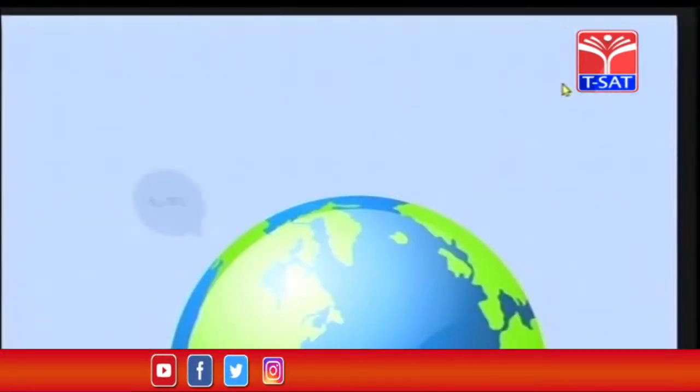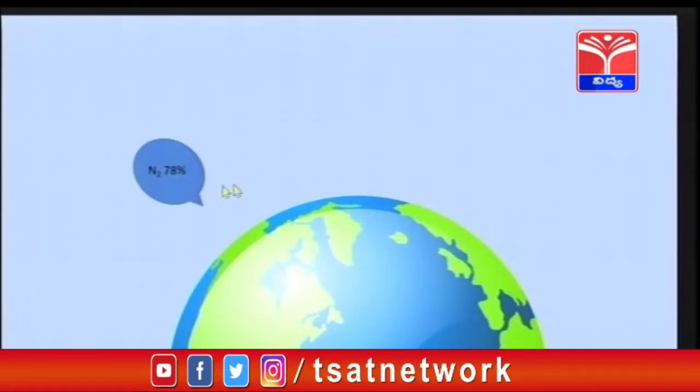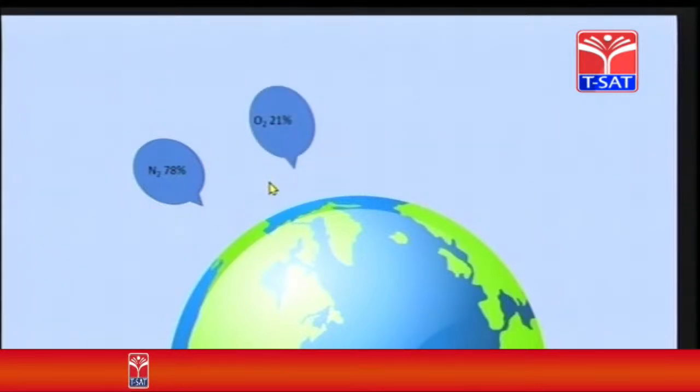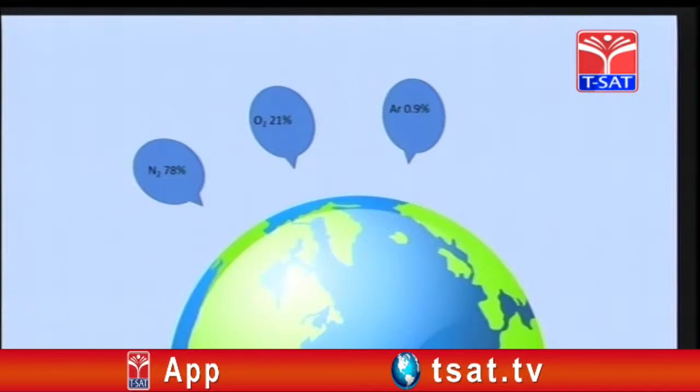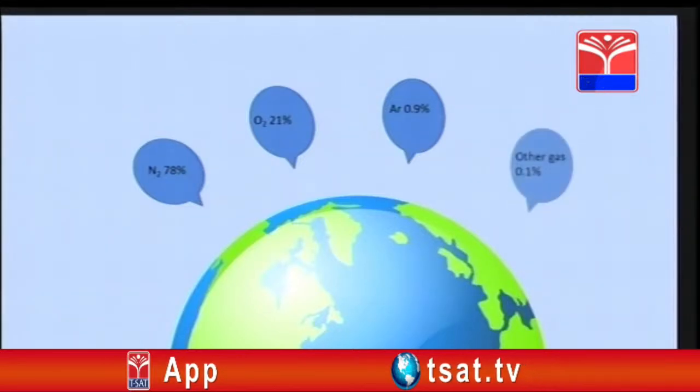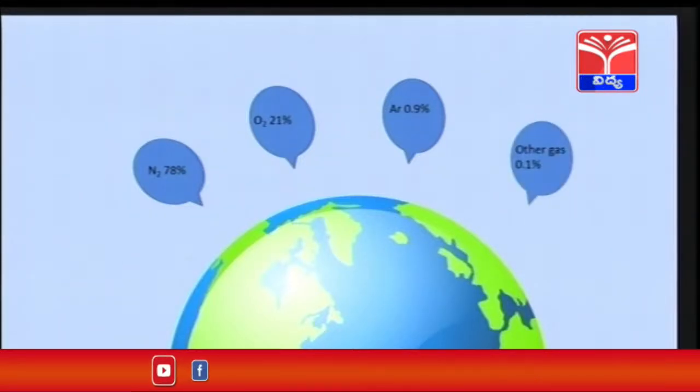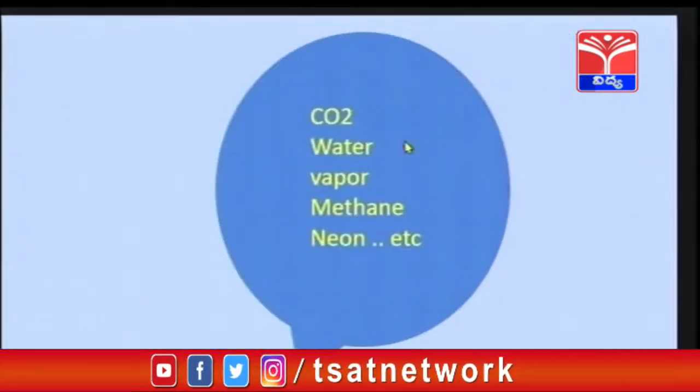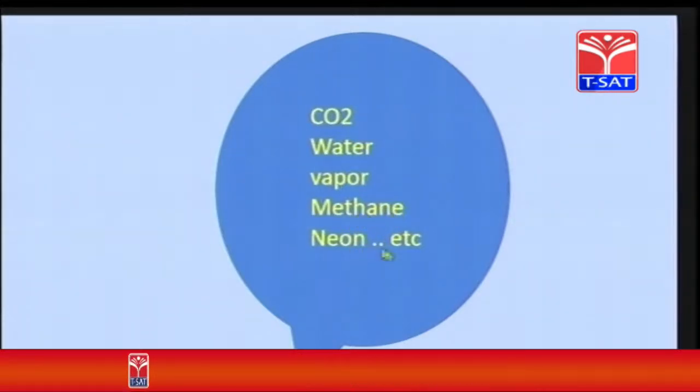Observe here, children. 78% of nitrogen gas is present in the atmosphere, 21% oxygen, 0.9% argon gas and other gases 0.1%. In these other gases are carbon dioxide, water vapor, methane, neon gas and so on. All these gases are present in this atmosphere.